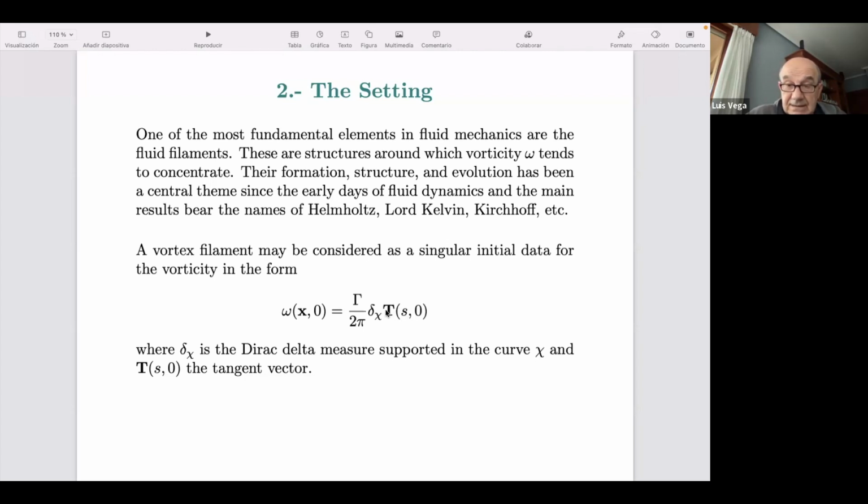So that means that in this description, we are identifying the tangent vector, and this is important what I'm about to say. The tangent vector of the curve chi will be nothing but the direction of the vorticity, right? Which is a quantity that has turned out to be rather relevant. Anyway, so this is the starting guy.